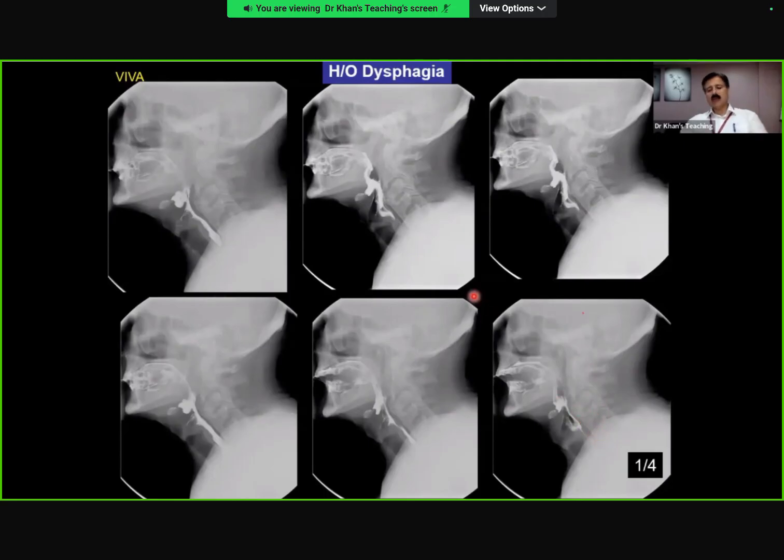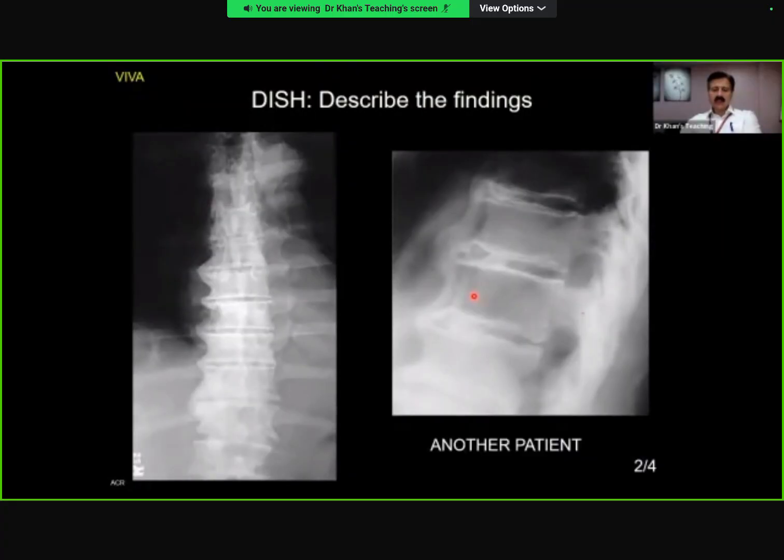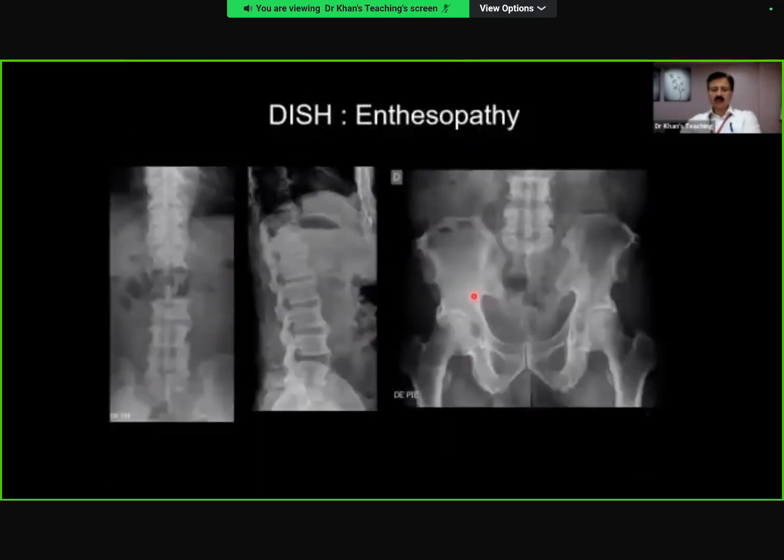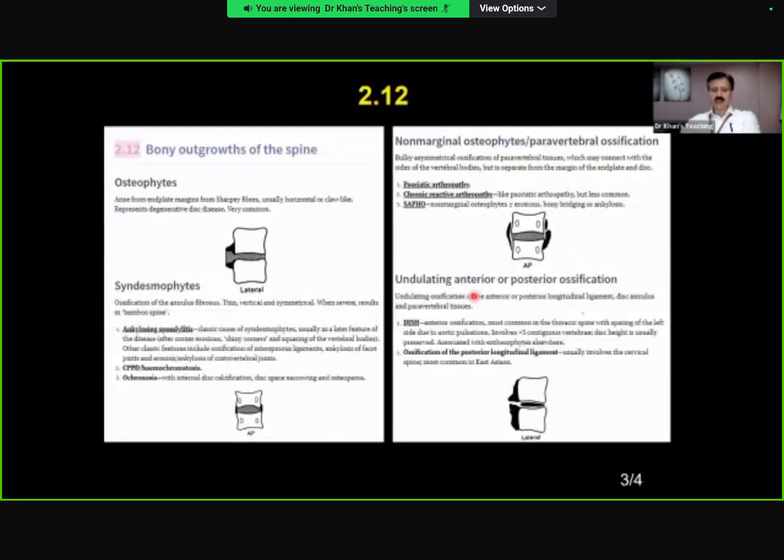Okay, I will take over. So if you see here, this is another case with similar findings, but this time in the thoracic spine. I'll come back to this point. If you see here, this is what we call undulating anterior ossification of the anterior longitudinal ligament.